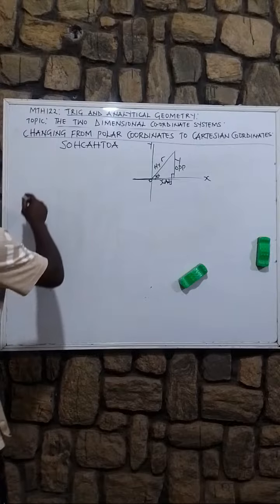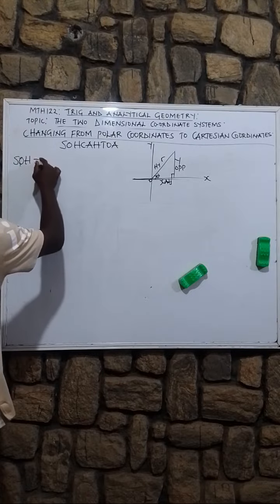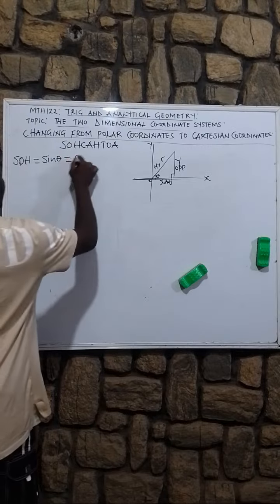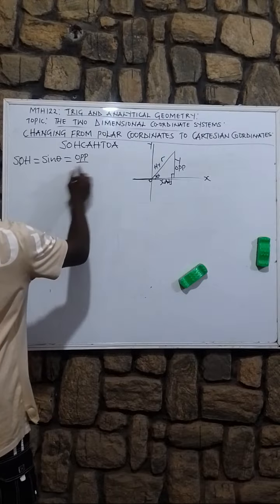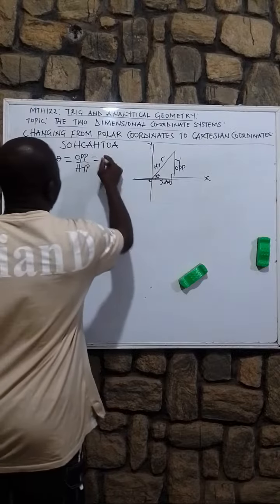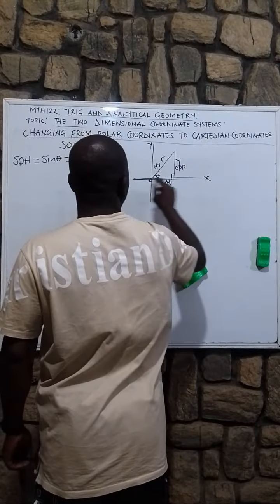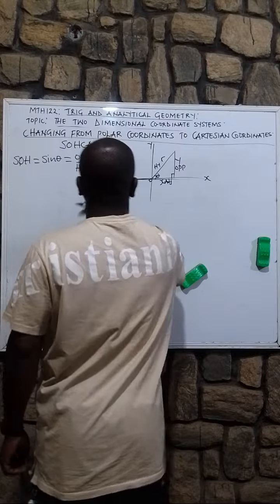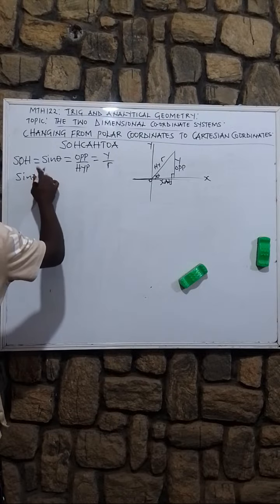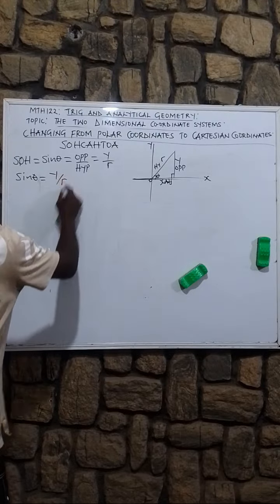So sin theta is equal to O over H, where O means opposite and H means hypotenuse. Opposite is y, all over hypotenuse is r, right? So this implies that sin theta is equal to y over r.